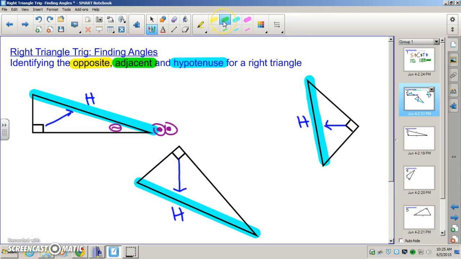So your adjacent is the attached side right there, which leaves all the way over on the other side your opposite side.